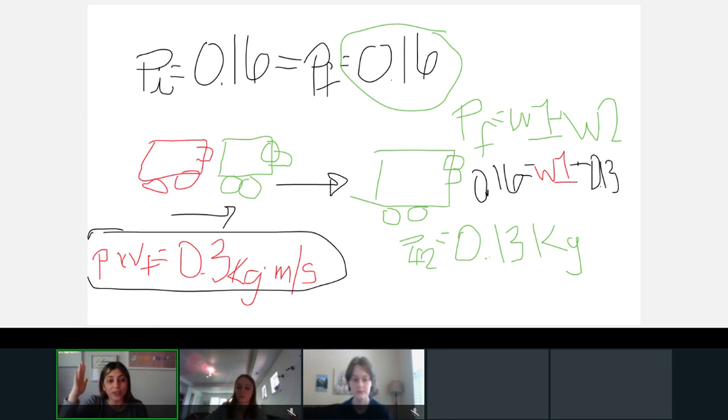But if there's a pillow there first, that you hit your head on, you're actually increasing the time, which then decreases the force that you feel in your head. And so that momentum gets decreased over time or is spread over time. So if we increase time, we decrease the impact or the force. Does that make sense?